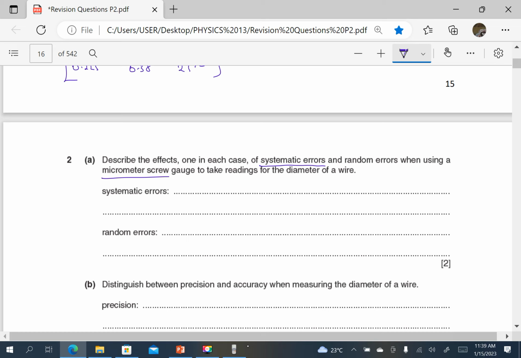So a systematic error means the reading is larger or smaller than the true value by a constant amount, but not at the same time.